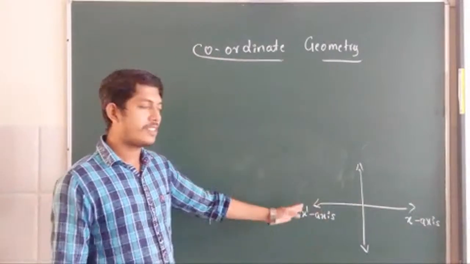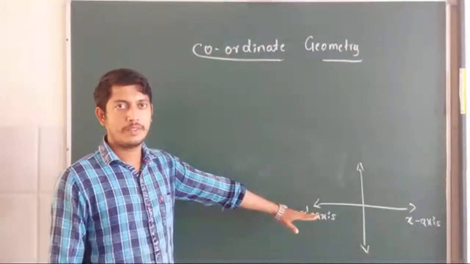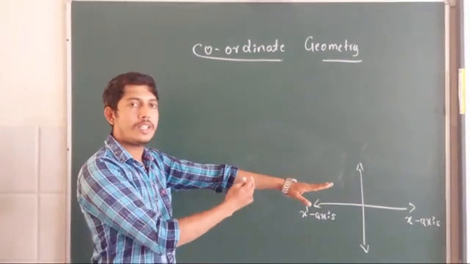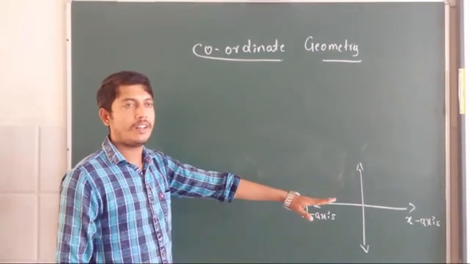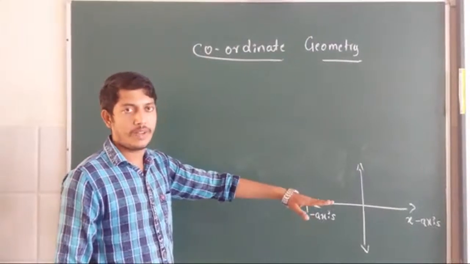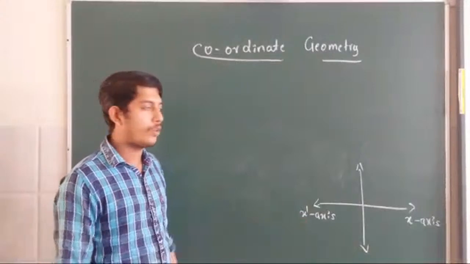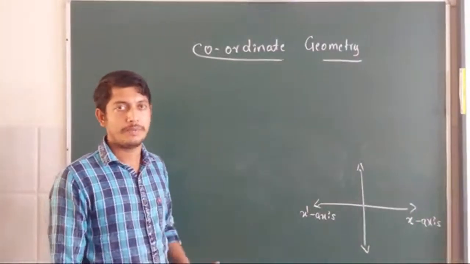So the x-axis and x-dash axis are both the same line. The points present after the origin are known as x-axis values, and the points present before the origin are known as x-dash axis values.